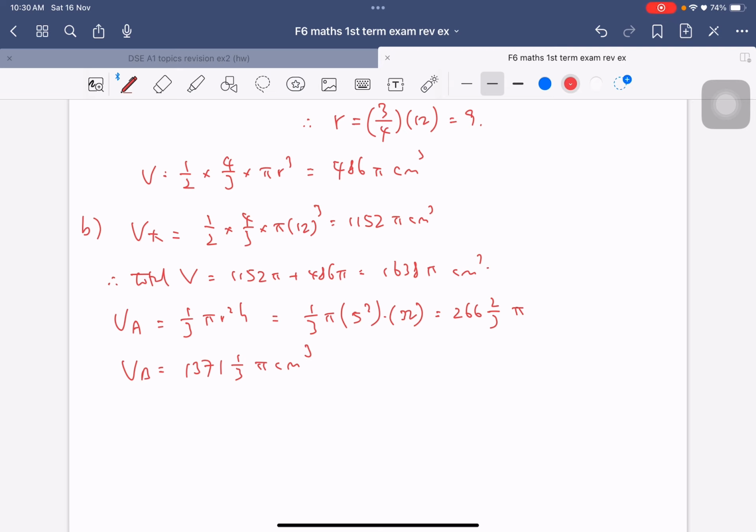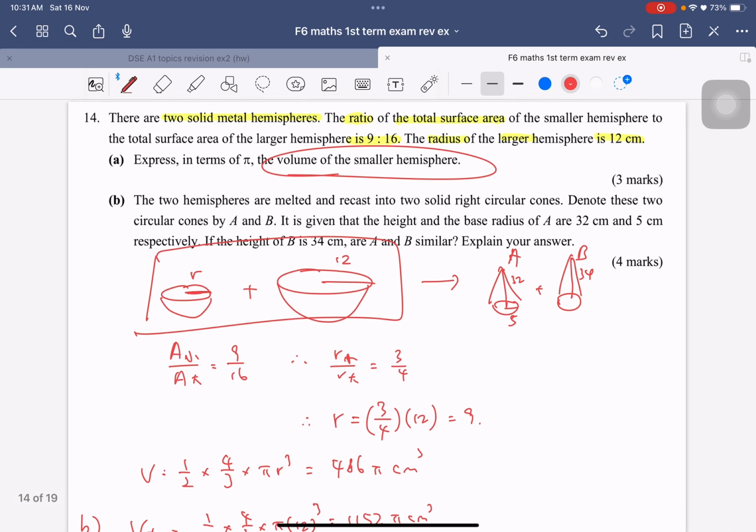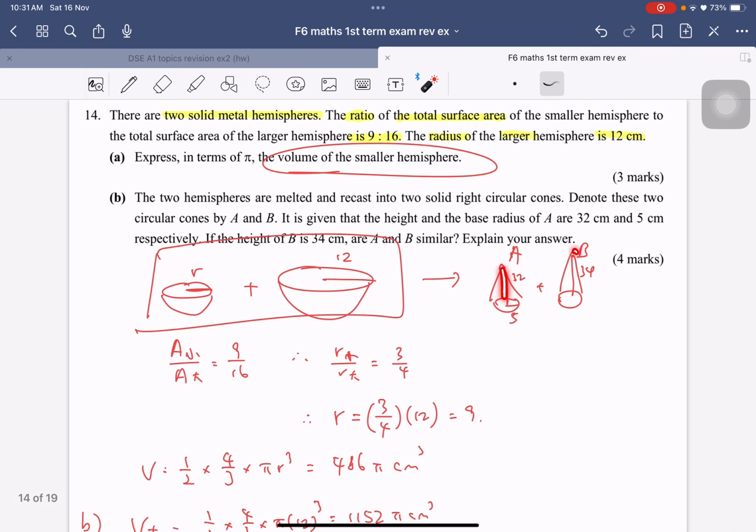So now we're trying to find the ratio. The ratio of VB divided by VA is equal to 1371 and 1/3 divided by 266 and 2/3, giving you 5.1425. But this is the height ratio, isn't it?